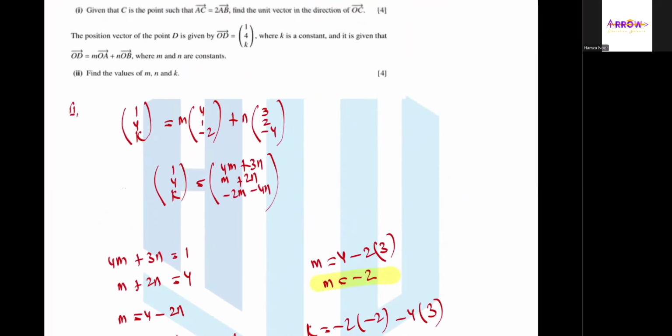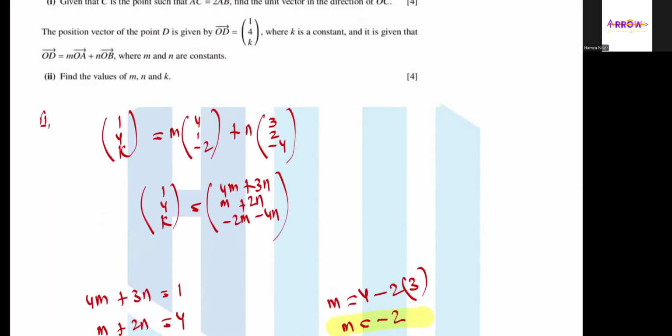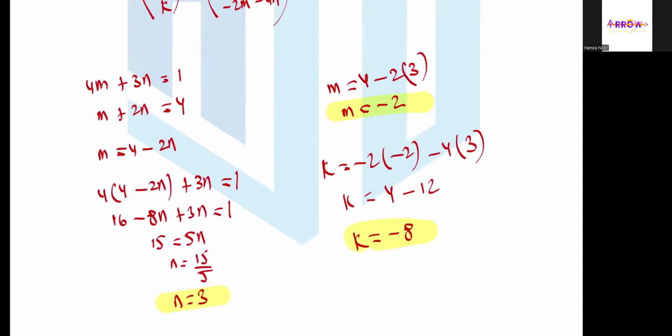And now we have the K component, which is itself K. So K is equal to minus 2m minus 4n. So K is equal to minus 2 times minus 2 minus 4 times 3. So K is equal to 4 minus 12. Therefore, the value of K is minus 8.